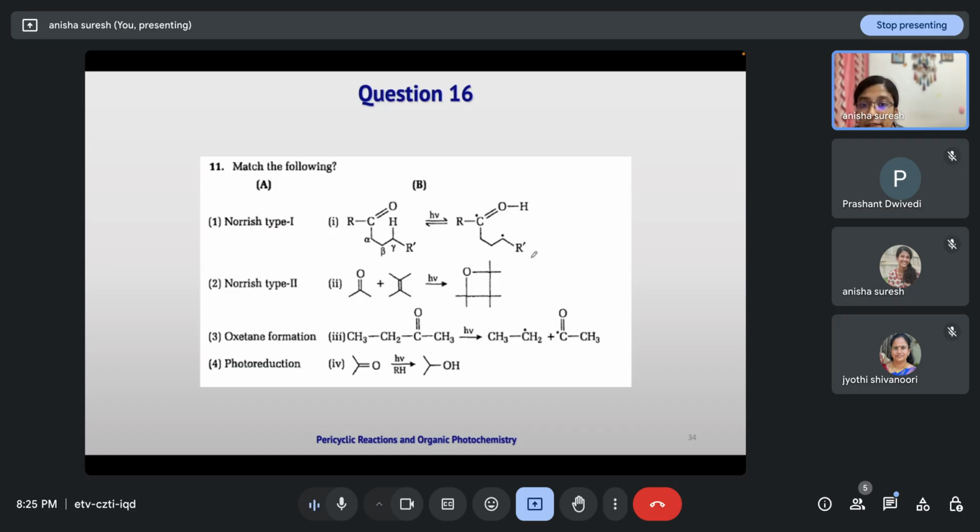So this is a match the following. I think this is an easy question. Four reactions have been given and its representation is also given. So you just have to match the following. Norrish type 1 reaction. Out of this 1, 2, 3 and 4, which is Norrish type 1 reaction?